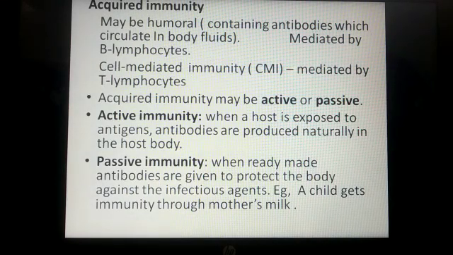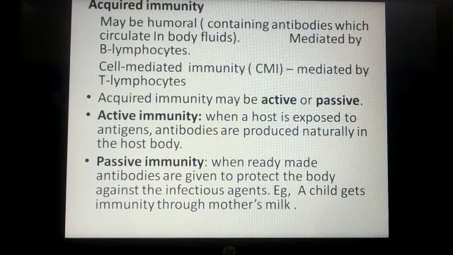I'll summarize once again what is acquired immunity. Acquired immunity may be humoral immunity, containing antibodies which circulate in blood fluids. It is mediated by B lymphocytes. Cell mediated immunity is mediated by T lymphocytes. Acquired immunity may be active or passive.